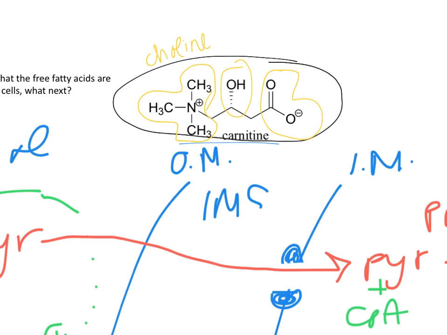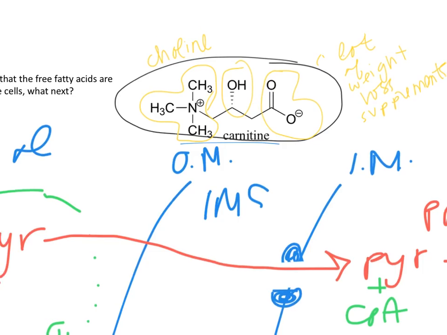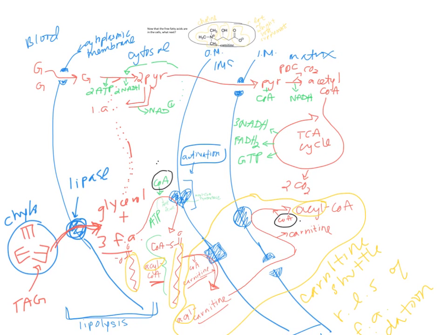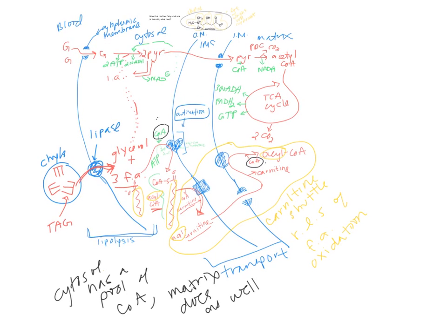And carnitine is, if you go look online, in a lot of weight loss supplements. And the claim is that if you increase the amount of carnitine that you eat, then you should be able to increase the amount of fat that gets transported into the mitochondrial matrix.